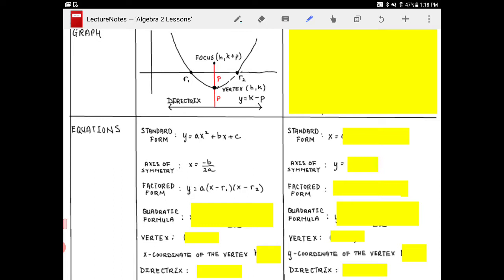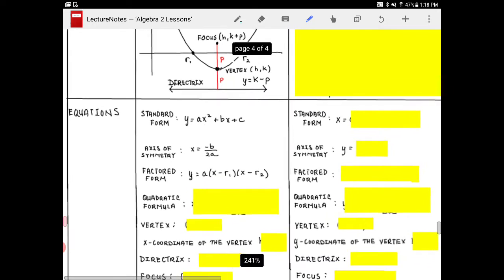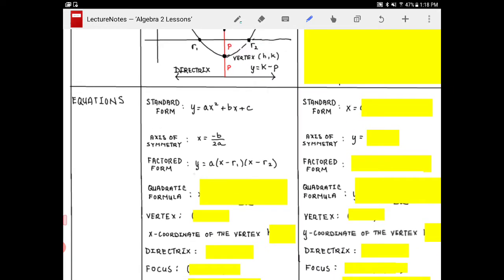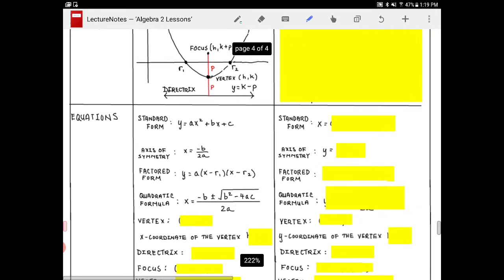Sometimes it will have no real roots. And whether the roots are real or not, if the equation is factorable or not factorable, we can always solve for the roots by using the quadratic formula. And again, that was derived by completing the square.